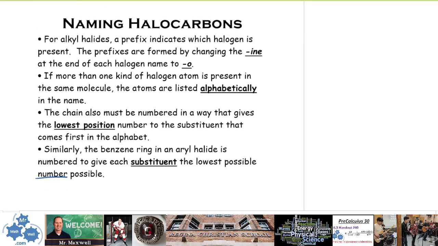All right, naming halocarbons. We've already talked about this a little bit just now. But for alkyl halides, a prefix indicates which halogen is present. The prefixes are formed by changing the "-ine" part at the end of each halogen to O. So that's where you have your fluoro, chloro, bromo, and iodo.